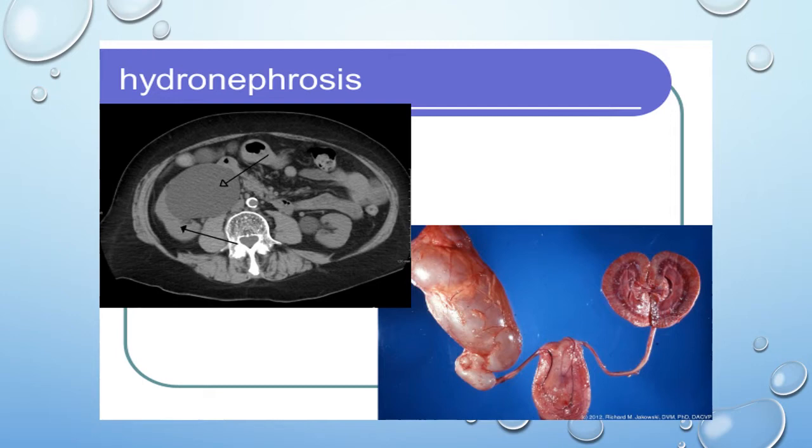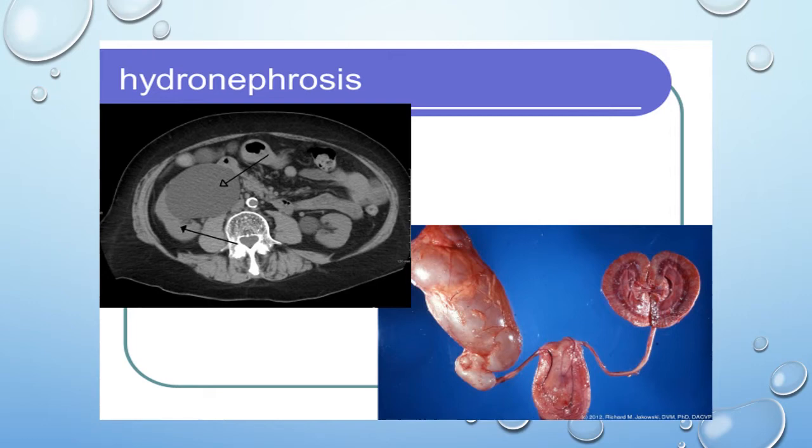Hydro refers to water. Nephrosis, remember I told you the primary urine producing structure in the kidneys is called a nephron. So hydronephrosis means literally water in the kidney.